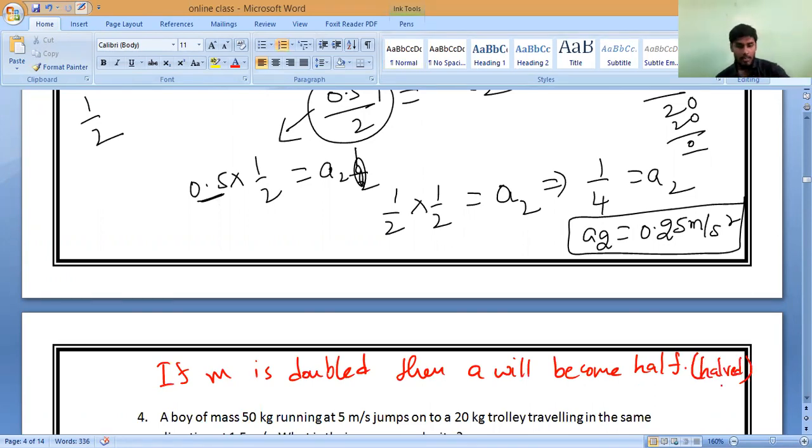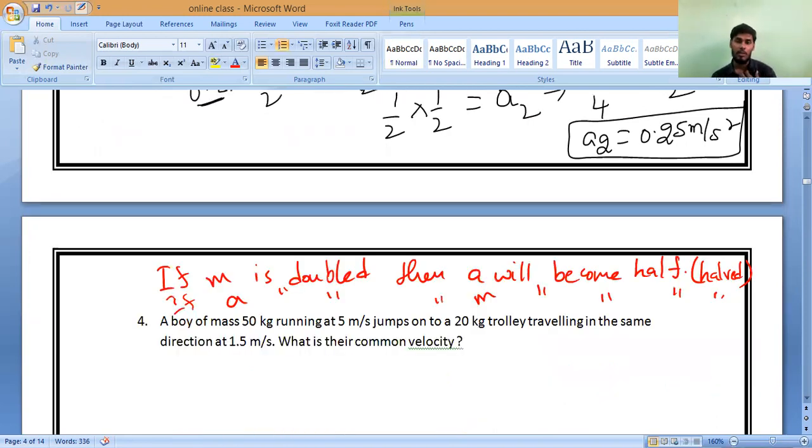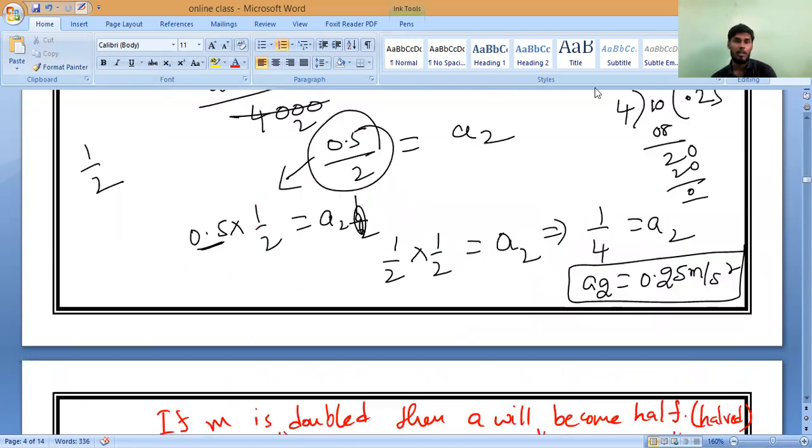Or else if A is doubled, then M will become what, Ra? Half. If A becomes double, M becomes half. That's all, that is that question. Any doubt, anybody, please ask. Laksha, no response. Monish, Tamil Selvan. Okay, great.